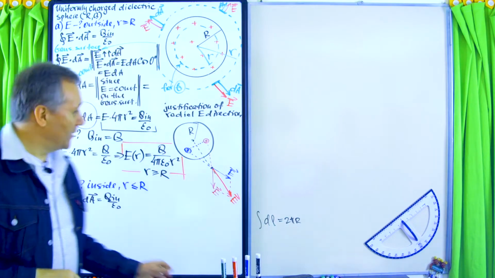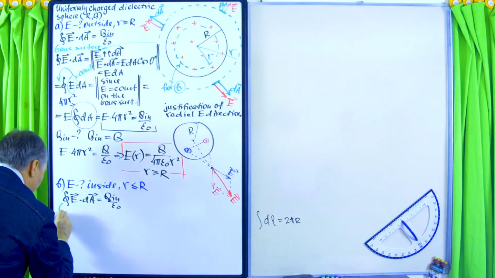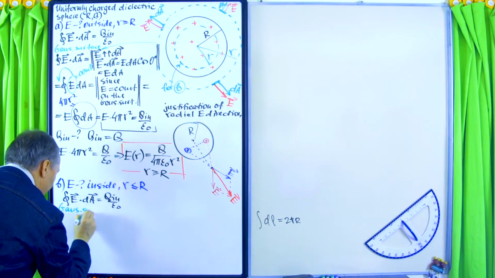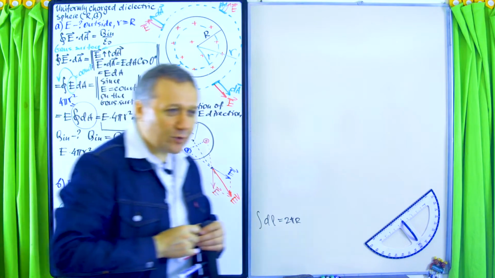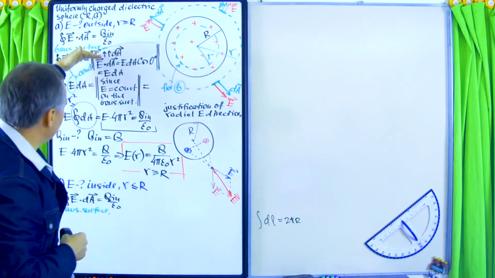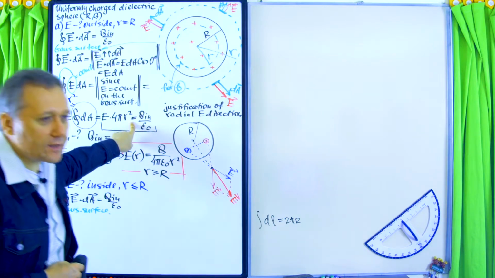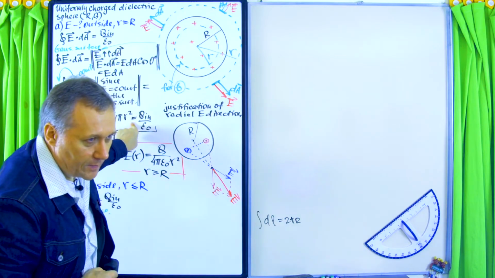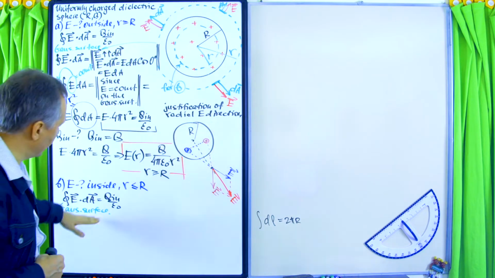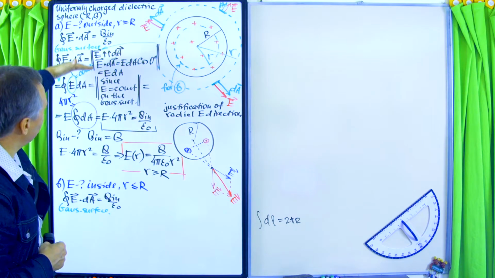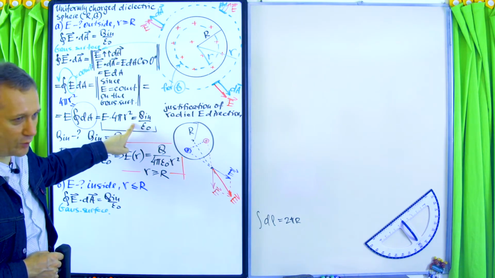Now, once you pick a Gaussian surface, the rest of the steps up to this point will be exactly the same. Not a single symbol is going to be different. Of course, I'm not going to rewrite all of it.